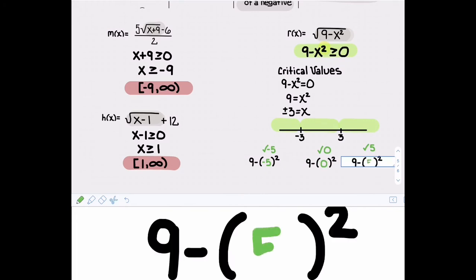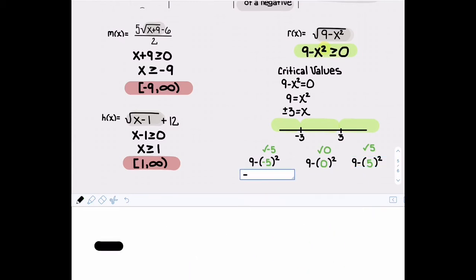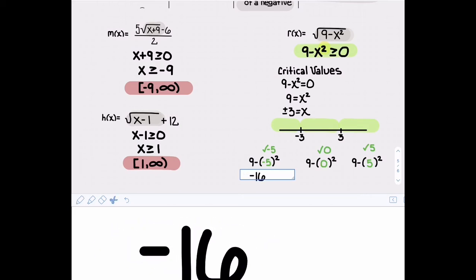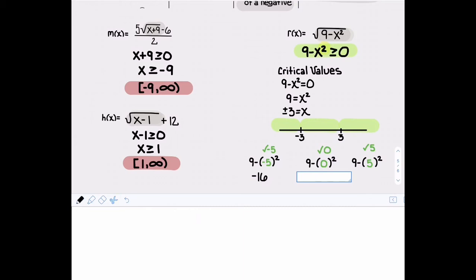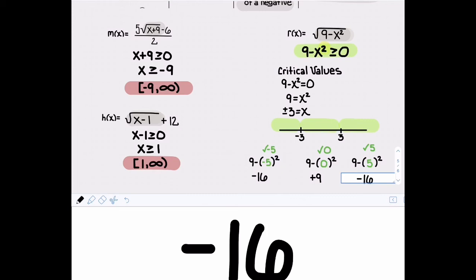When I evaluate each of these expressions, that first one where I substituted negative 5, I get negative 16. The most important part there is that it's a negative answer. When I substitute 0, I get positive 9. Most important part that it's a positive. And substituting 5, I end up getting negative 16, most important part, negative.